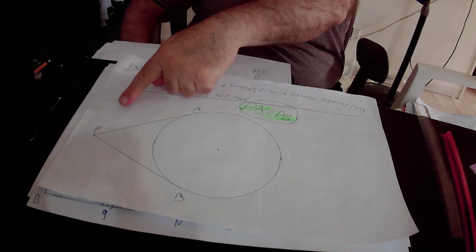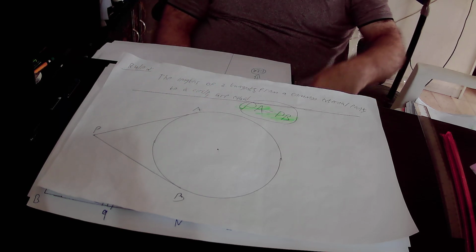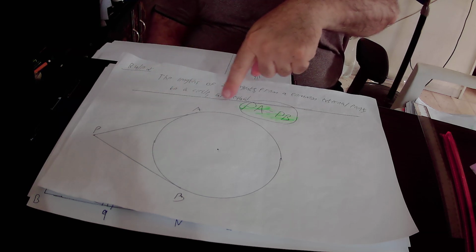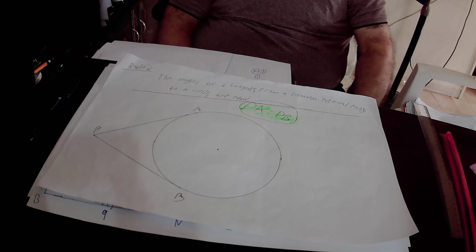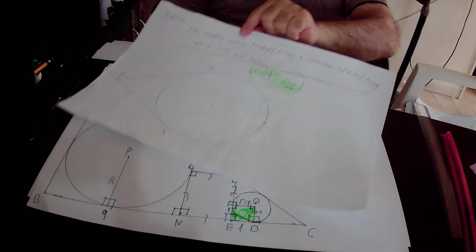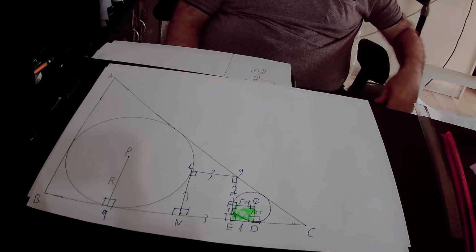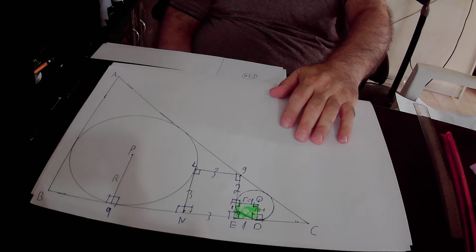Here we have the common external point, point P. From P, we have two tangents to the circle, tangent PA and tangent PB, and according to rule number 2, PA is equal to PB.